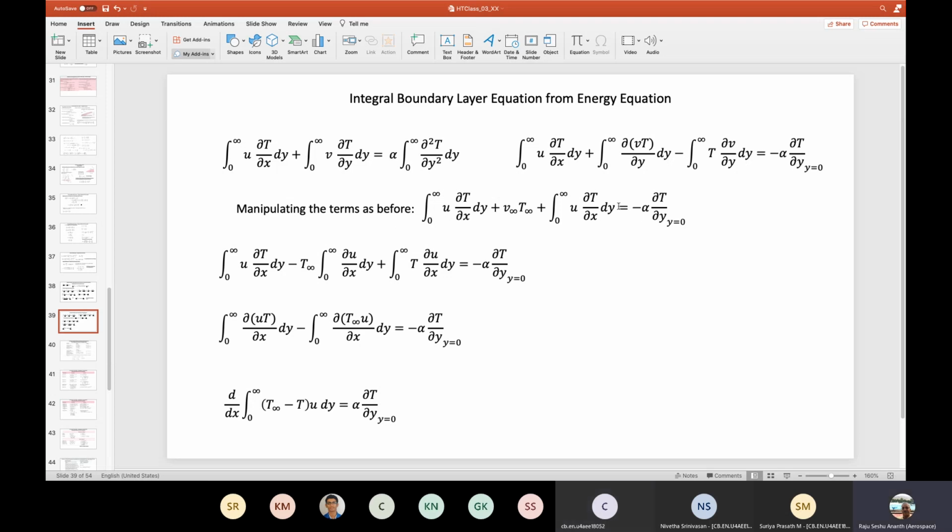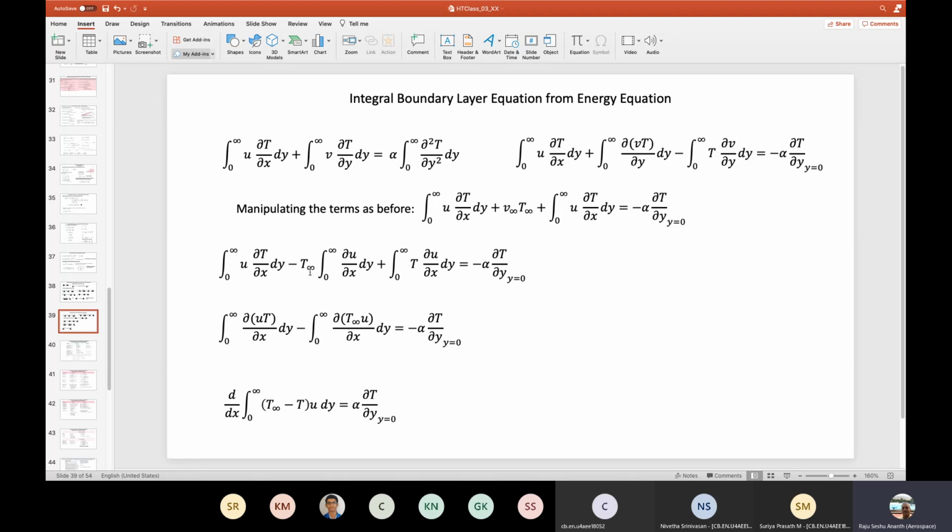Okay, I'm not sure whether it's correct. Anyway, basically I'm combining this and this as T infinity of u d over dx dy, and that is how I got this.